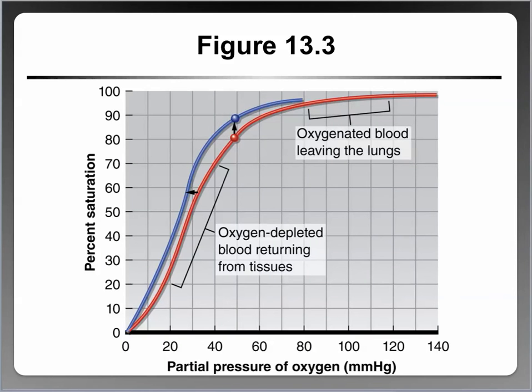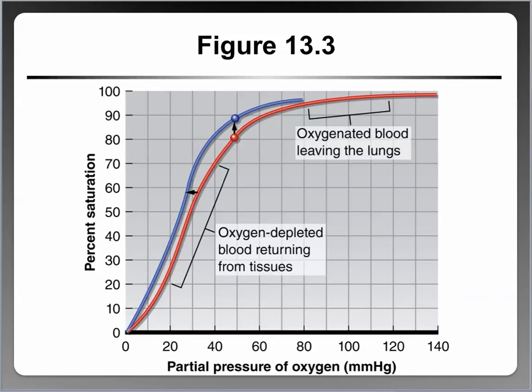And this is our figure. The red line is your regular oxygen dissociation curve, and the blue line is what happens with respiratory alkalosis. So it's shifting to the left. And basically, the way that you read this is that for any given partial pressure, with the shift, you can pick up a greater percent of oxygen.